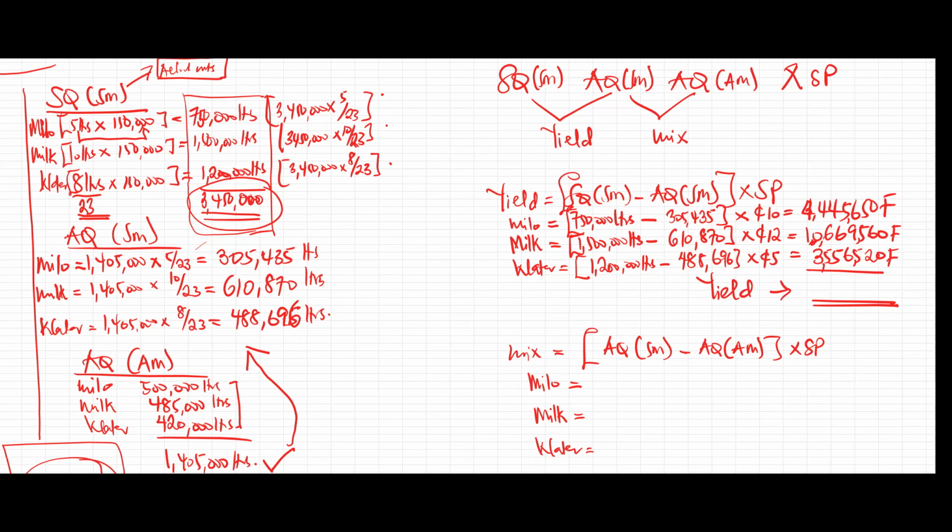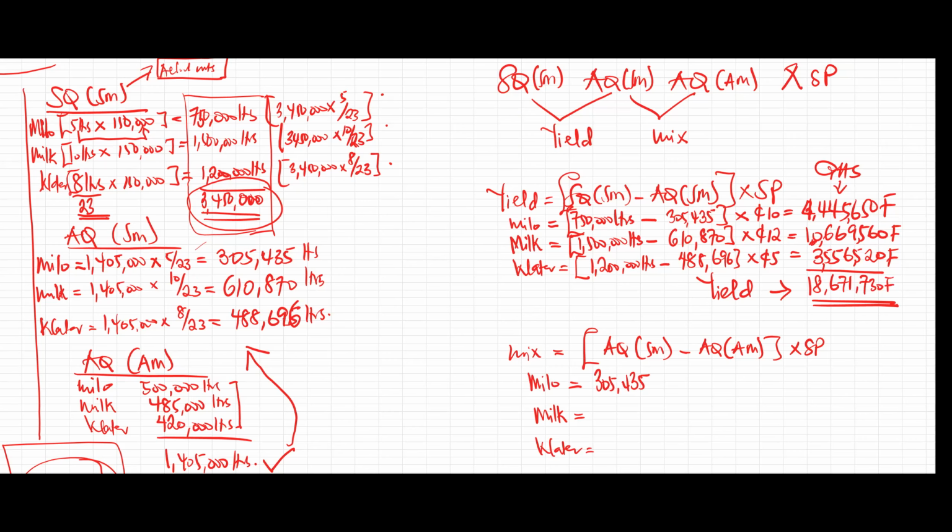What came out was good, right? So what's the yield variance? 18,671,730, favorable, right?